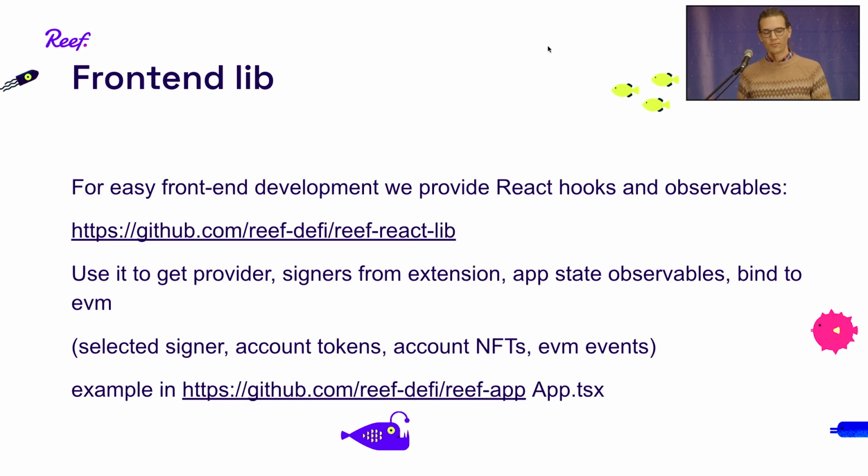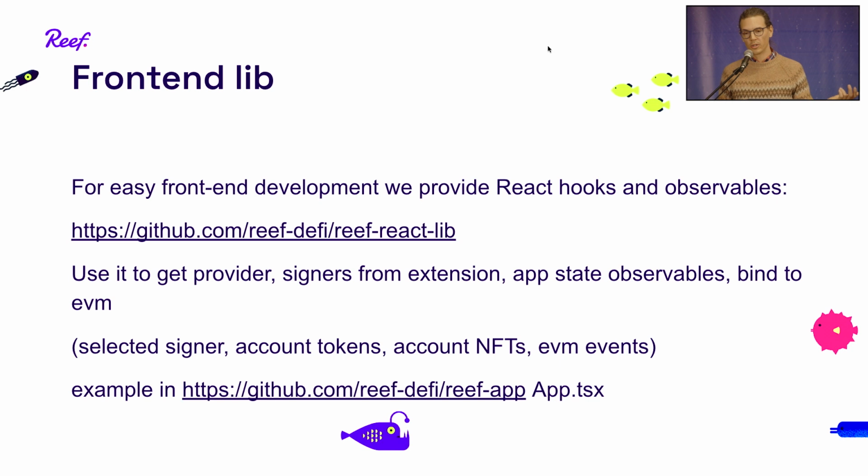And there are hooks for the provider, to get the provider and get the signers from the extension, and the state observables. Those are the selected signer and all the tokens for the current account, this kind of thing. So it's very easy. You just subscribe.